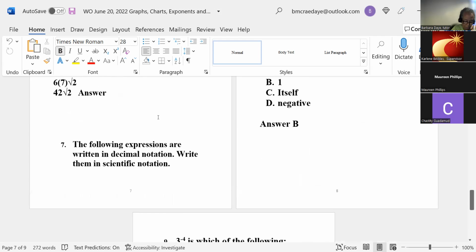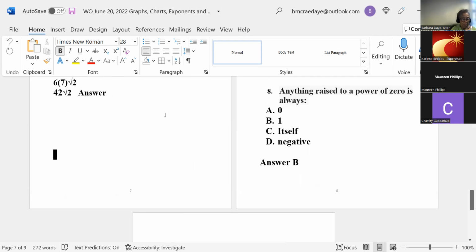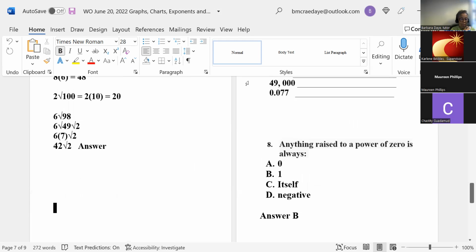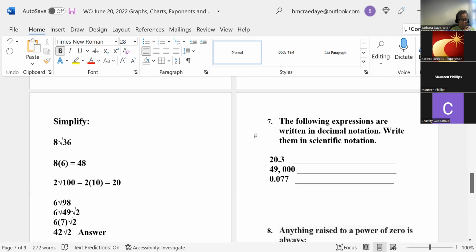Now I didn't go too much into this decimal notation, and I really didn't grade you on that. I just wanted to see how you did. But let's look at scientific notation. Remember I said you could have a number expressed times 10 to the positive or 10 to the negative.